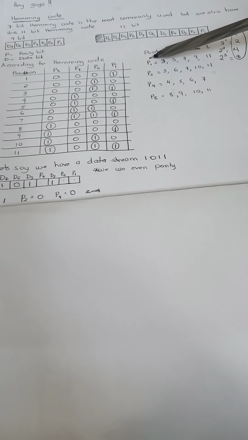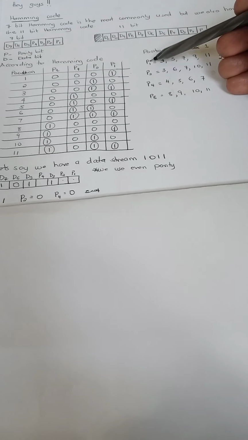So as you can see, the binary equivalent of 1 is there. For parity 1, where the binary 1 appears is the position of the parity bit in the Hamming code.